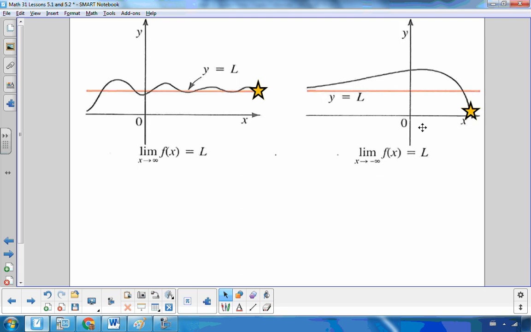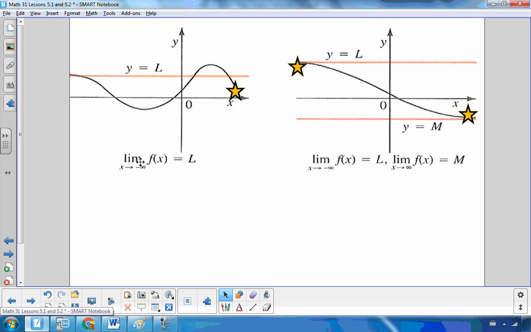Towards negative infinity, as I make x big in the negative direction, it gets closer and closer to that horizontal line, y equal to L. Over here, as x approaches negative infinity, it also gets closer to that horizontal asymptote.